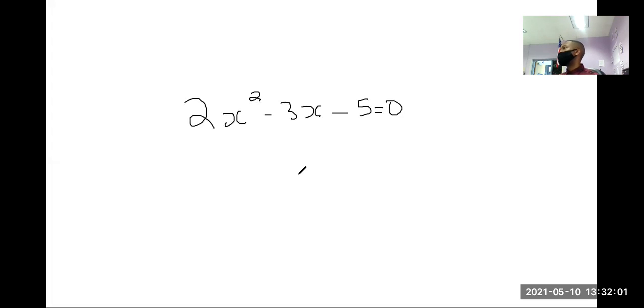So this is a quadratic function. All right, we already know what a is. I'll just label it for now so that we can follow. That's b, and that is c. A, b, and c.